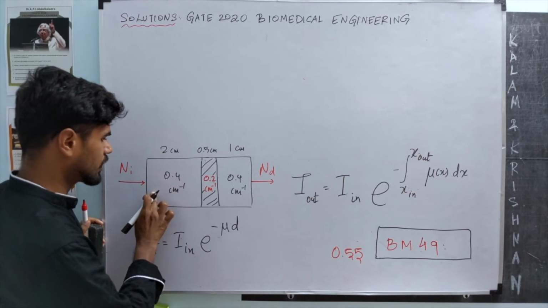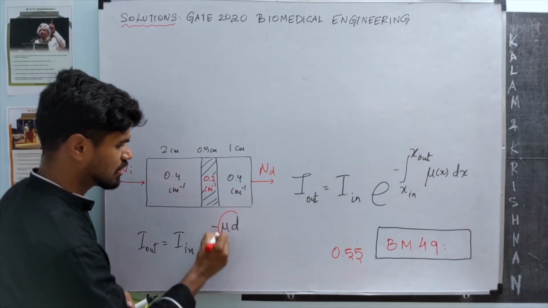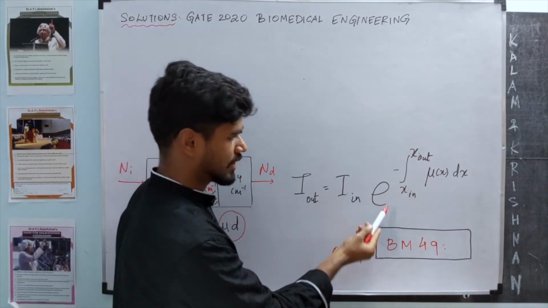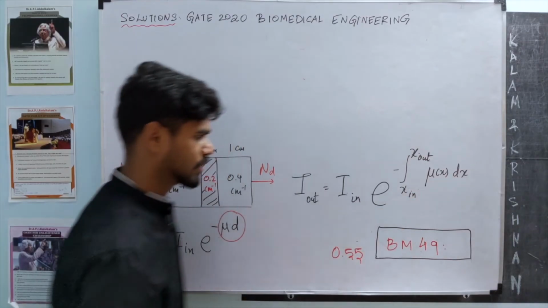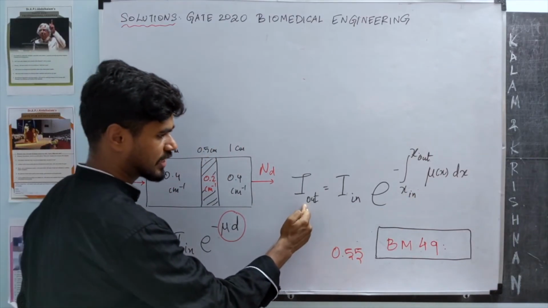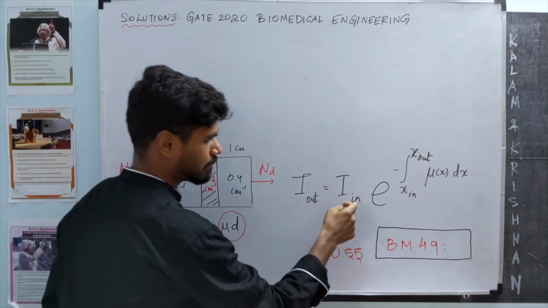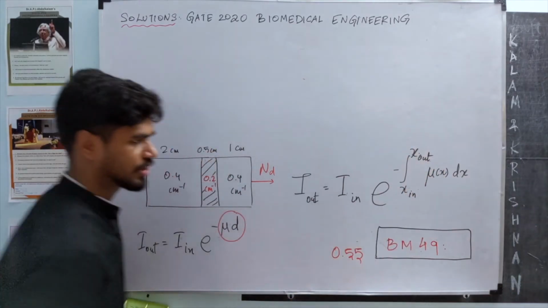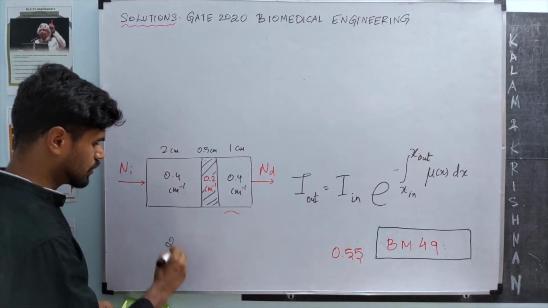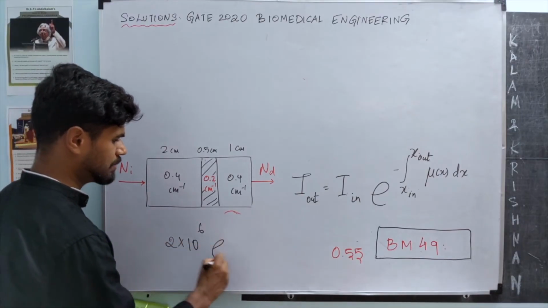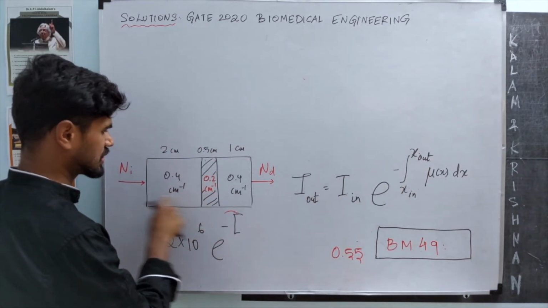But here we don't have a constant attenuation coefficient throughout, we have a non-homogeneous medium. So this term becomes an integral: e power minus the integral from x in to x out of mu of x dx. To find the number of photons that exit, take the number of photons that go into the system and multiply by e power this integral. That's very simple. We have 2 times 10 power 6 times e power minus of mu of x, which is constant across each length.